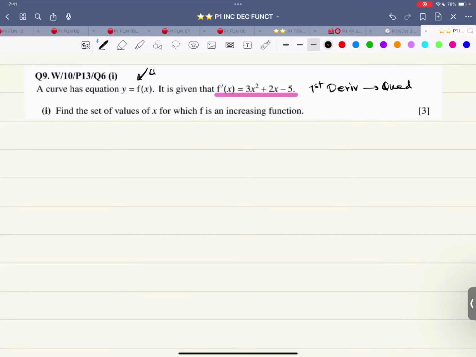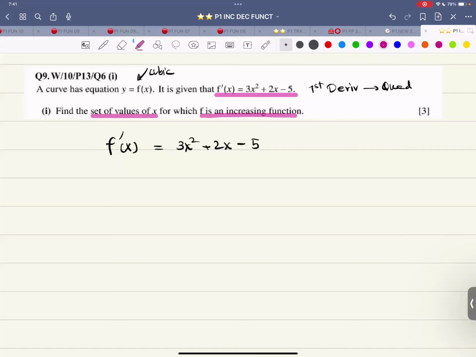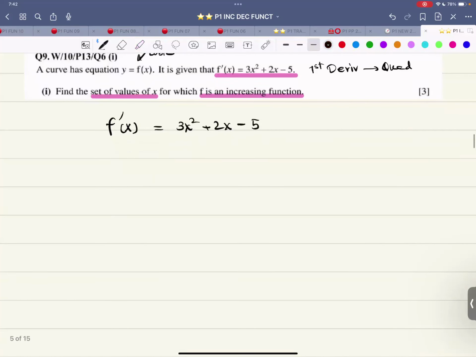That means the original function is cubic. f prime x, the first derivative, is 3x squared plus 2x minus 5, and they are asking to find the set of values of x for which f is an increasing function.